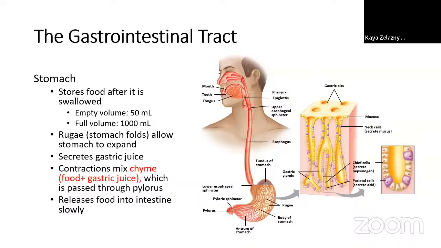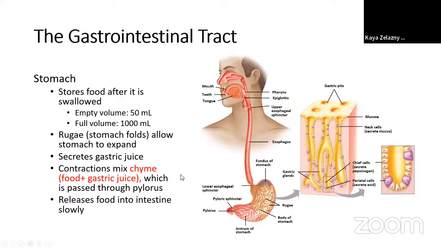So when we left off, we were talking about the stomach. Just to recap, now that we're talking about the GI system, we're talking about this hollow tube that goes all the way from our mouth out through our anus. So we're talking about all the food we eat, how we digest it, how we absorb it, the pathway it goes through, and all the various physiological processes that need to be involved here.